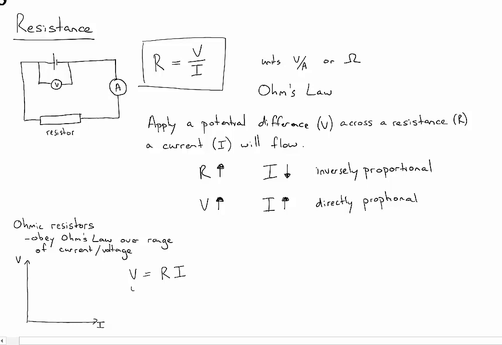We can say if we have V on the y-axis and I on the x-axis, that makes our resistance the slope. And so what we would see is a straight line with the slope, rise over run, equaling the resistance of that ohmic resistor.